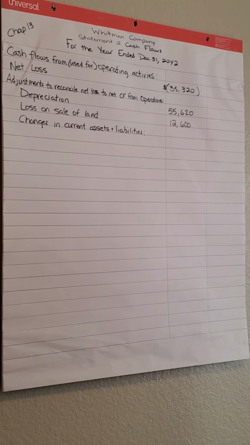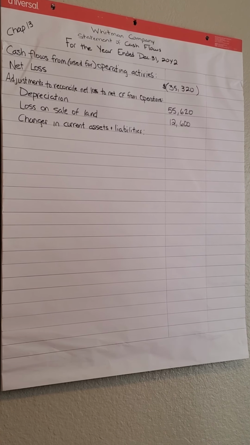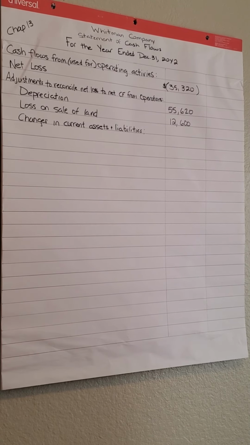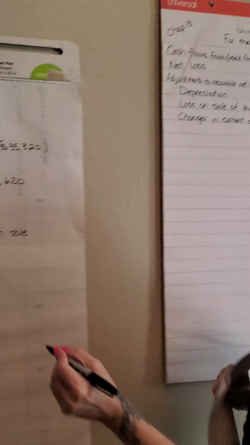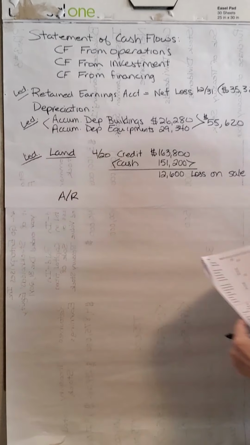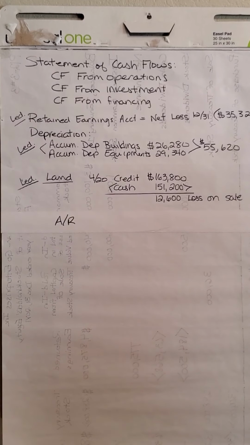We're going to look at accounts receivable, inventories, prepaid expenses, and accounts payable. So the first item we're going to look at is accounts receivable. I'm going to take the information that they give us at the start of the chapter, the comparative balance sheet.